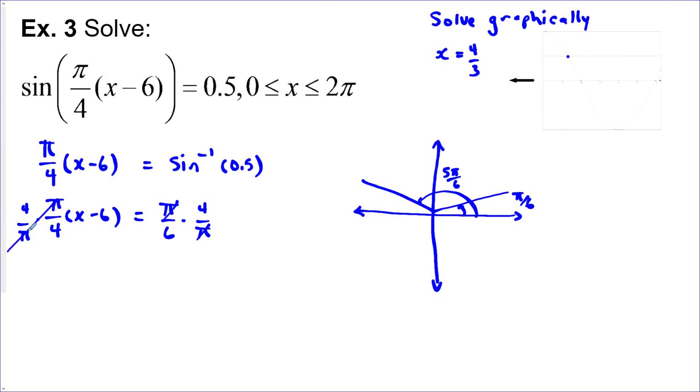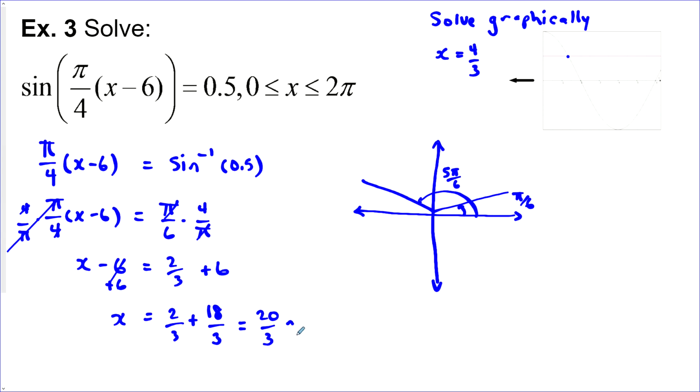Pi's cancel, 4's cancel on this side, and x minus 6 is equal to 2/3. Add 6 on both sides, and I'll write this using a common denominator, so plus 18 over 3, that's 6. If we add that, that is 20 over 3.